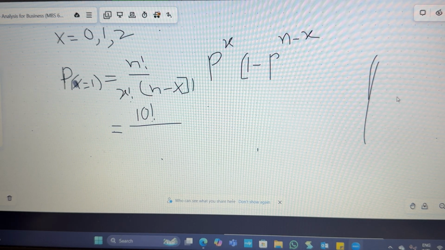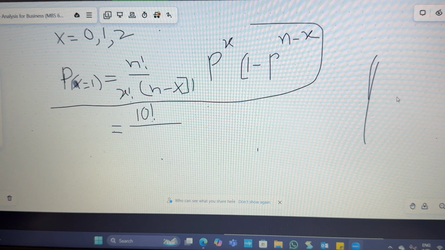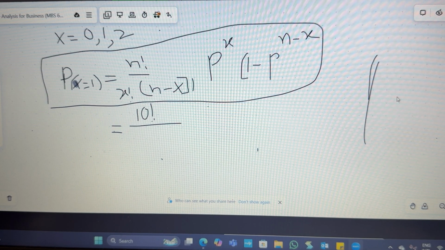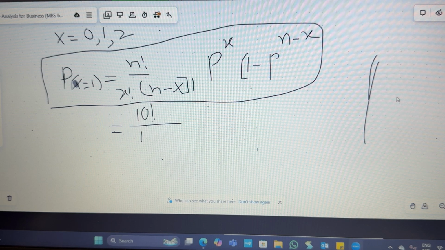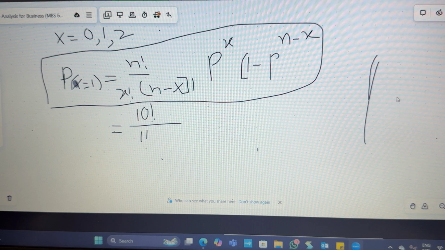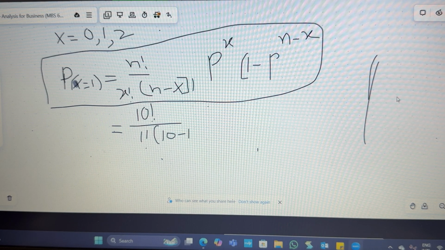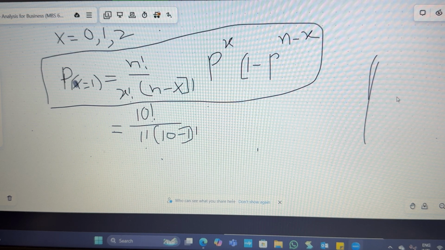This is our formula. So 1 factorial, then 10 minus 1 factorial.